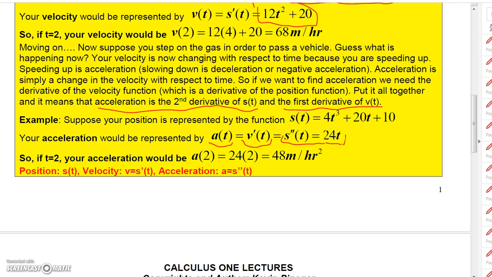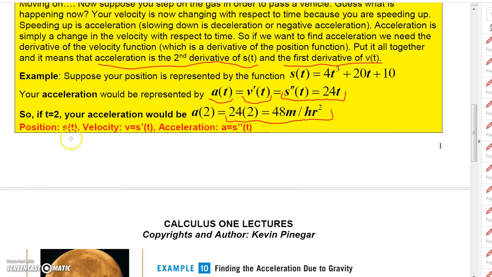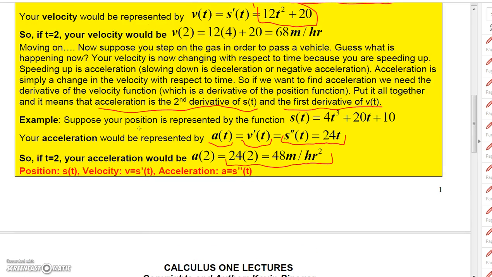So if we wanted to know the acceleration when t is 2, you would plug t into this function and you would get 24 times 2, which is 48 miles per hour squared. So again, position is s of t, velocity is s prime of t, and acceleration is s double prime of t, the second derivative.